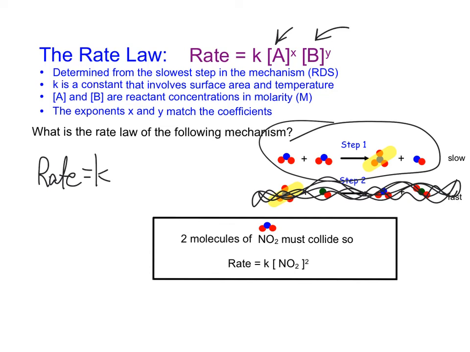And if I look, there's only one reactant. If we say that that molecule is NO2, my bad, there's your reactant, NO2, and it would have a coefficient of 2 because there's 2 of them, so it would be raised to the second power. If that was a little confusing, don't worry, we're going to do more than a few examples of having you write rate laws here in just a second.